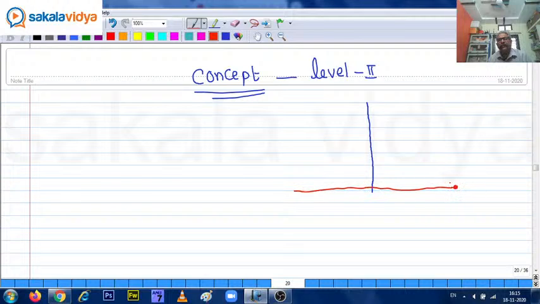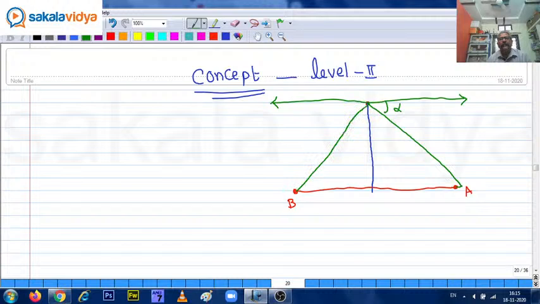Here is one boat, here is the other boat, say boat A, boat B. These two boats are observed from the top of the ship, at an angle of depression of alpha and an angle of depression of beta. The height of the ship is h, the distance between these two boats is d.